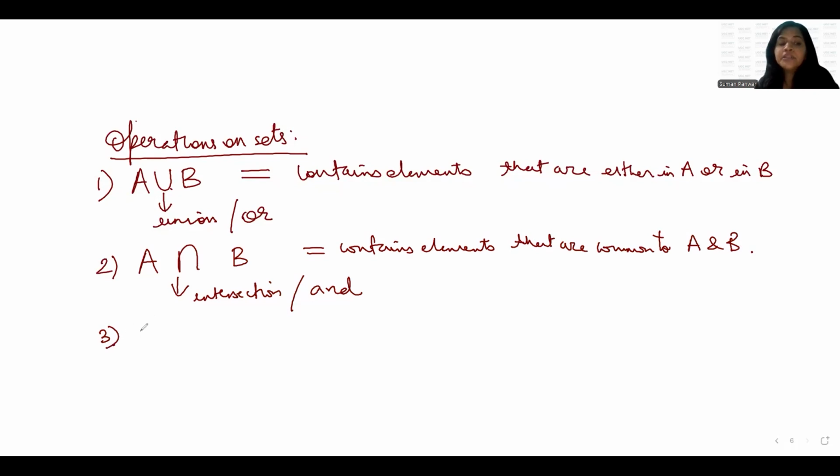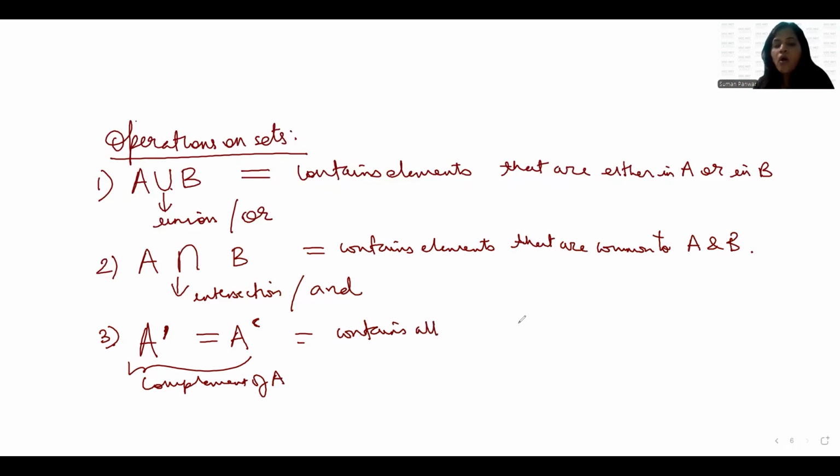Number 3, A complement. This is written like this, or it is also written as A^C. This is called the complement of A. So the complement of A contains all those elements which are not in A. Which elements are you talking about which are not in A?